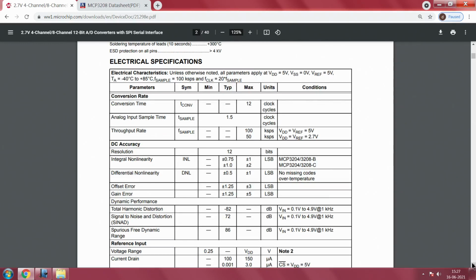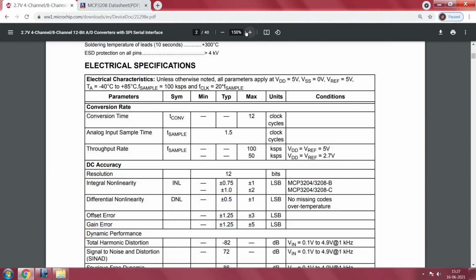Look at what he has said. Resolution is 12 bits, that appears okay, great, we know about the resolution. But what about the other problems with respect to the ADC and its linearity? Definitely it has an integral non-linearity, called INL, quantified with a typical number of plus minus 0.75 LSB, and maximum it can go up to plus minus 1 LSB.